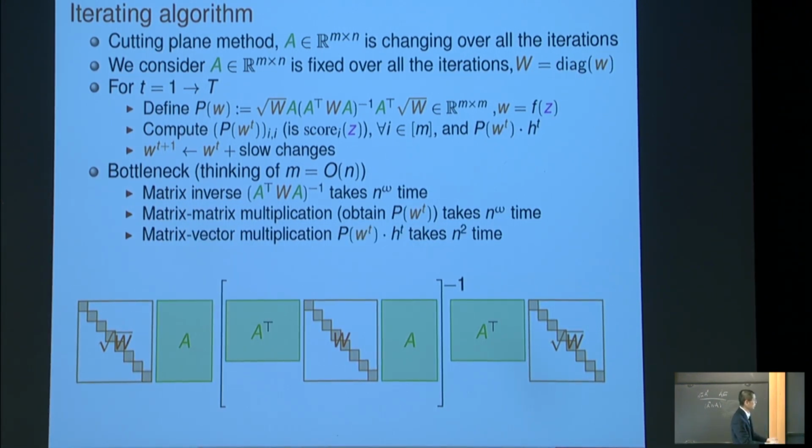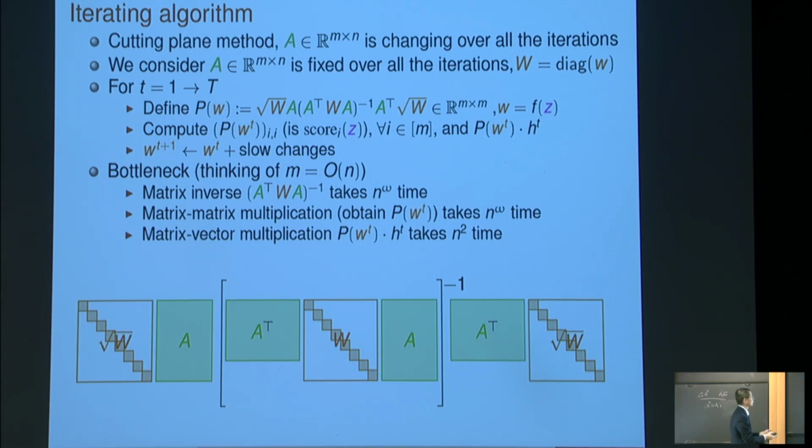And for some tasks you also need to compute this matrix times some vector h, which is a matrix-vector multiplication taking n squared time, also a bottleneck. Even if you can improve the first two bottlenecks, if you write down this whole matrix it has n squared entries, and it's unclear how to beat n squared cost.